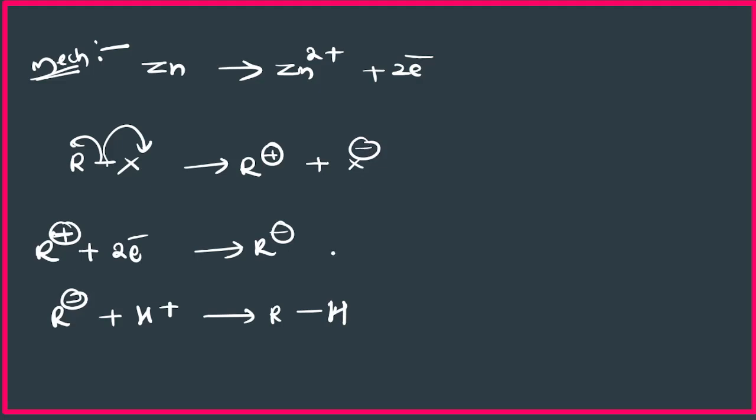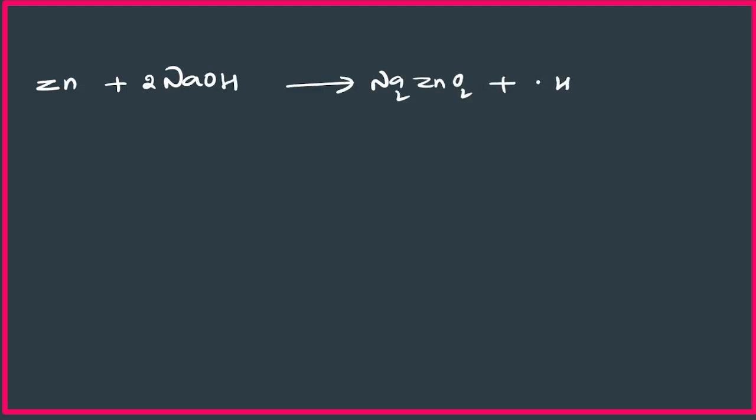Next, zinc with sodium hydroxide. It gives Na2ZnO2 and releases hydrogen, which is atomic hydrogen, nascent hydrogen.